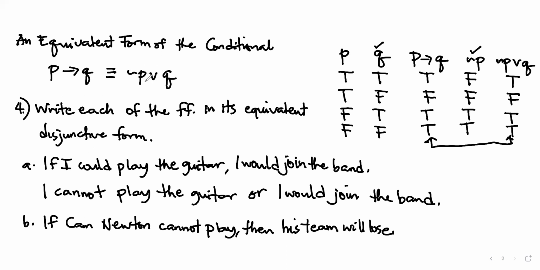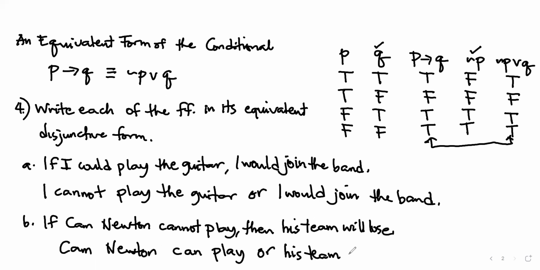We're going to negate P. So the negation of this, we're going to remove "cannot," so it can: Cam Newton can play, or his team will lose. Okay, that's it.